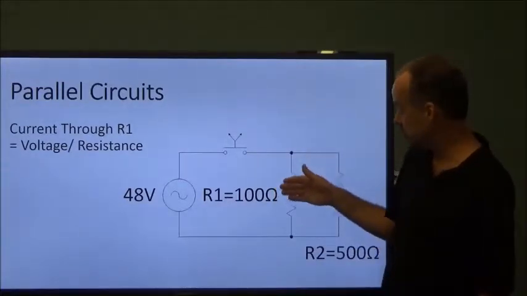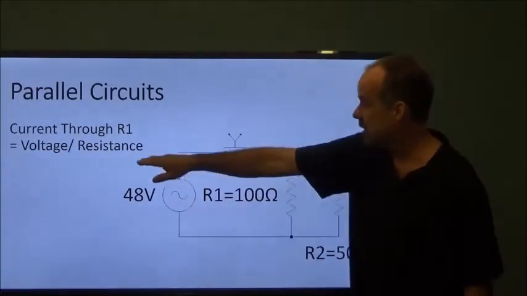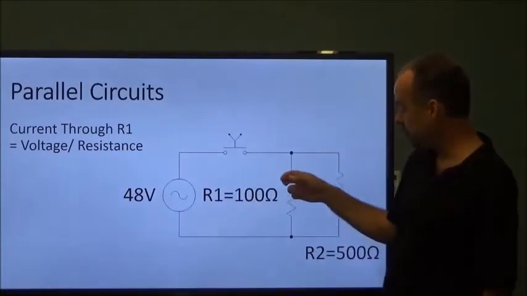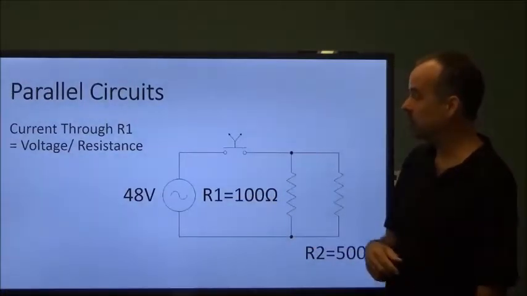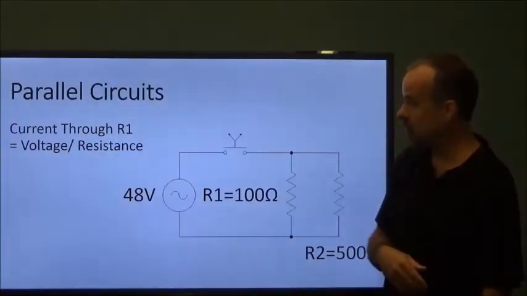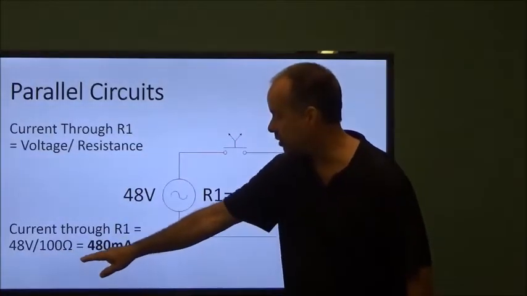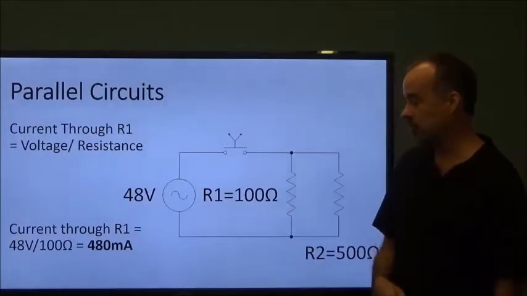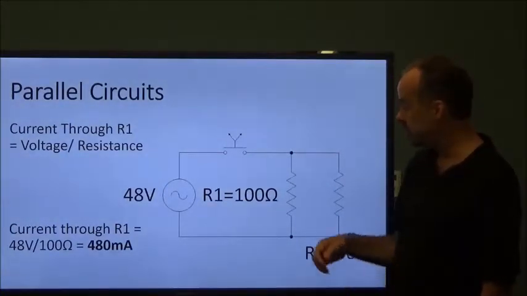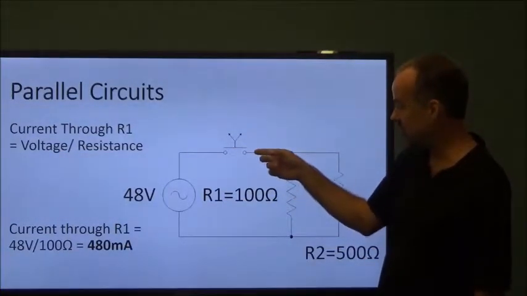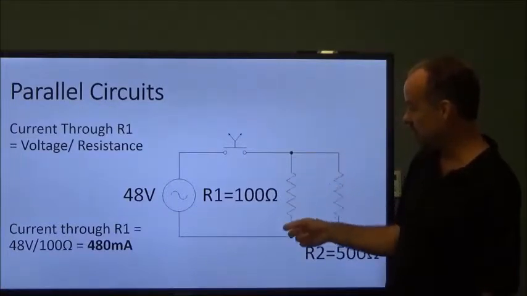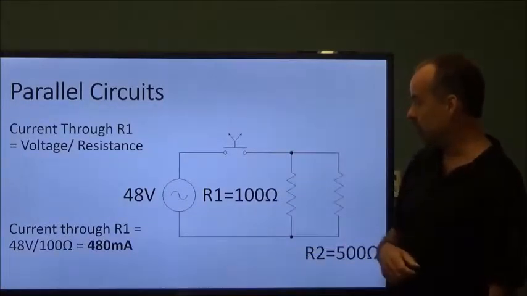So the voltage is going to be 48 volts. My resistance is 100 ohms. So if I plug that in and do my simple Ohm's law, 48 volts divided by 100 ohms gives me 0.48 amps, or 480 milliamps. So of the 576, 480 milliamps is going through the R1 branch.